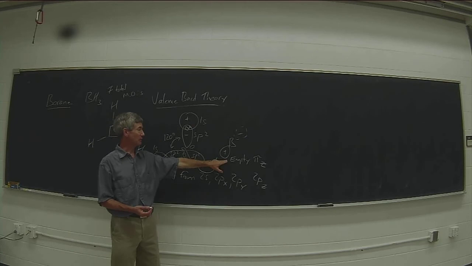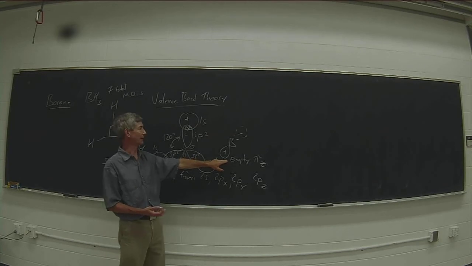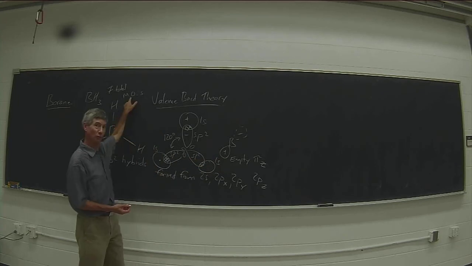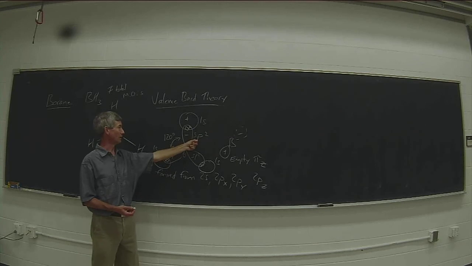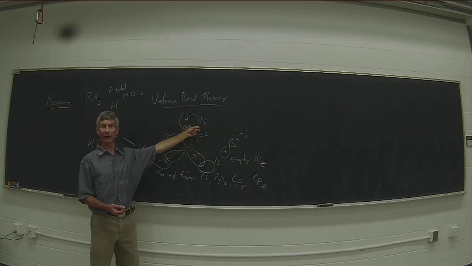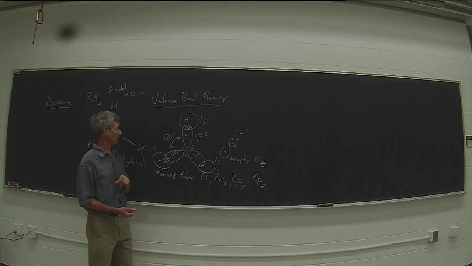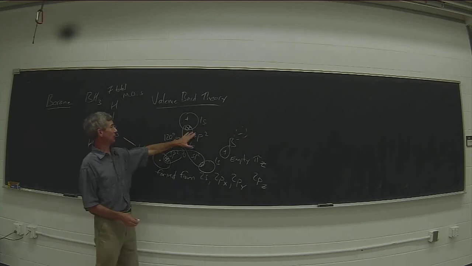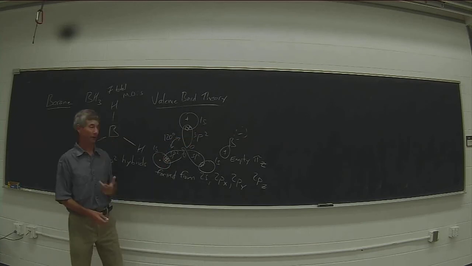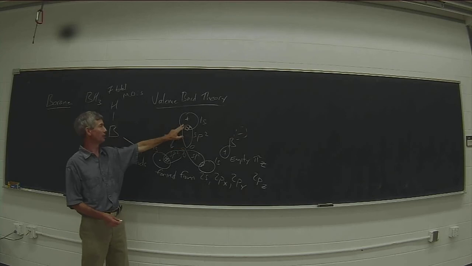We have the empty pi z orbital, the old pz orbital that's not interacting. In order to not break this rule, we have to have 3 equivalent antibonding orbitals where the sp2 hybrid interacts destructively with the hydrogen 1s orbital. Right? We have the negative sign here, so this would be destructive.